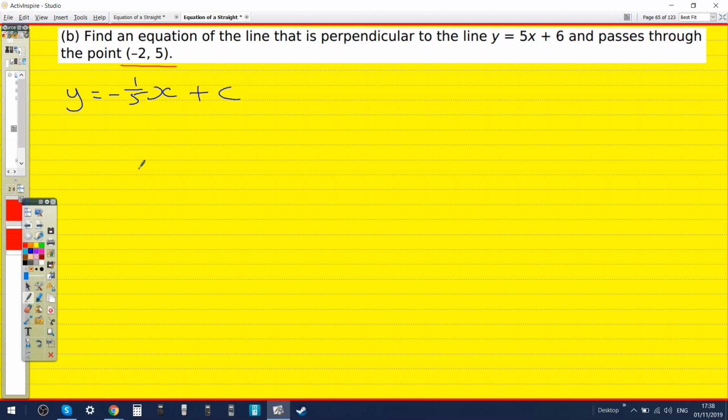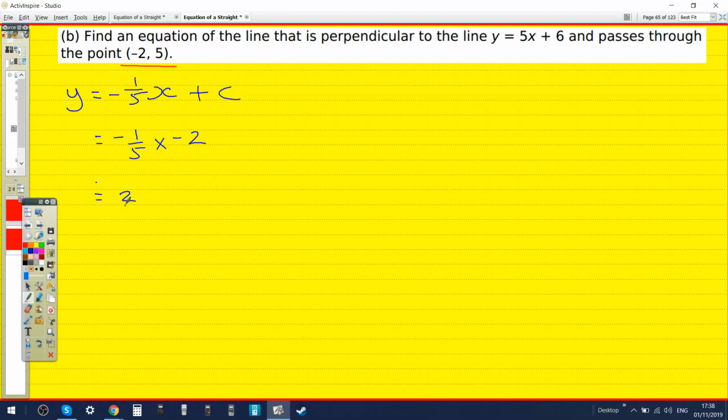Okay. So minus 2 is x, so here. 2 over 5. Yep.